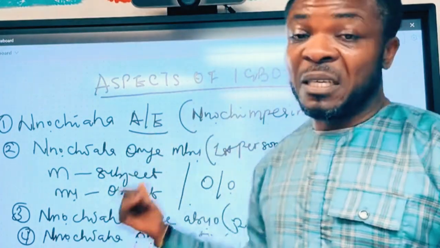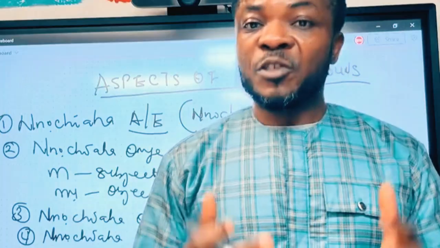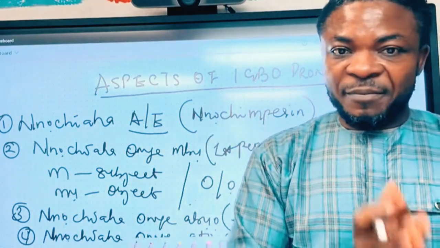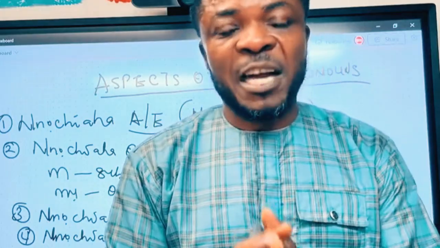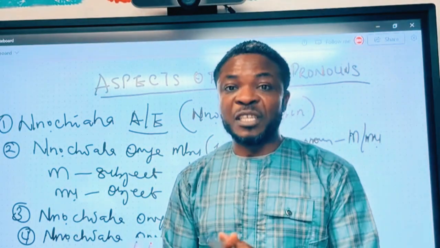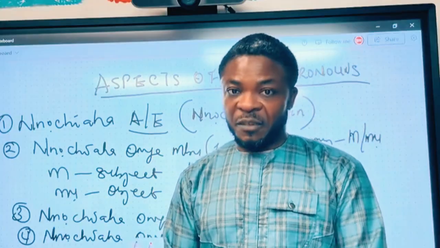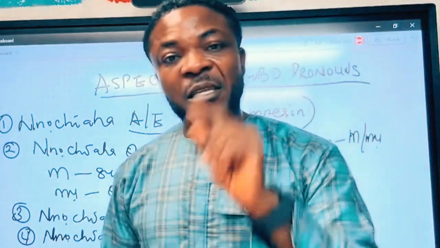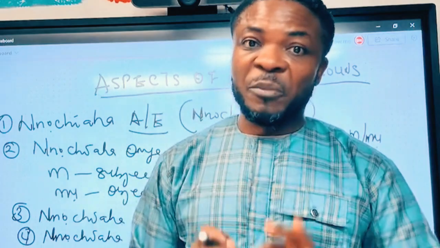Even as I have taught this class for about 4 weeks now, so many people who have been in this class who are native Igbo speakers are yet to catch it. That is to tell you the extent to which it is very, very difficult. But simple if you understand the logic, or if you understand the formula.